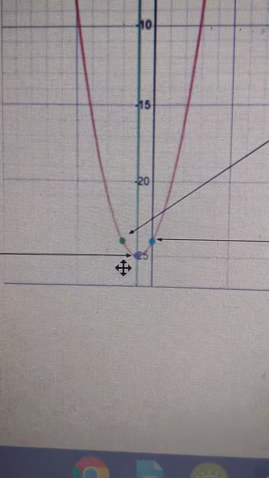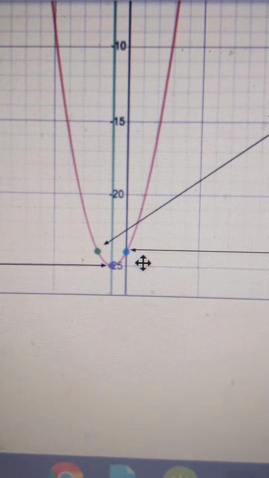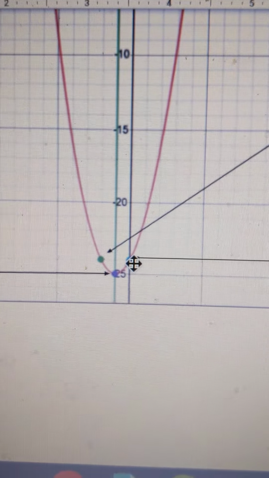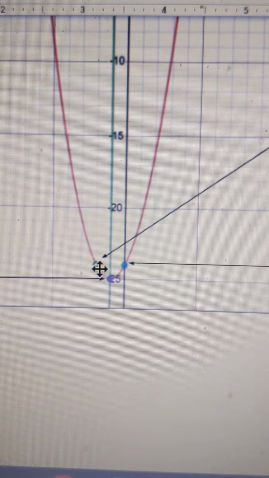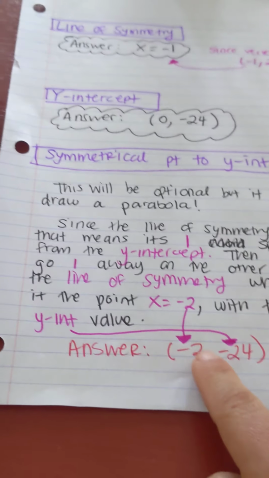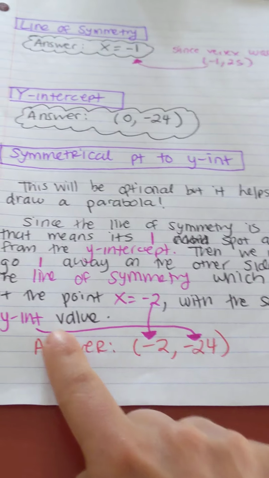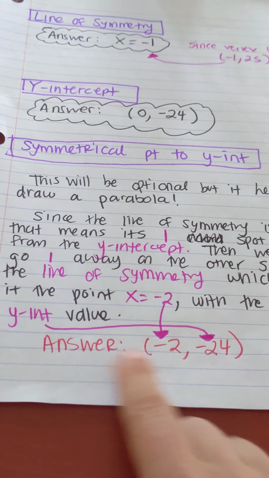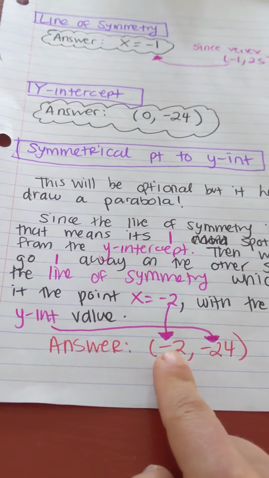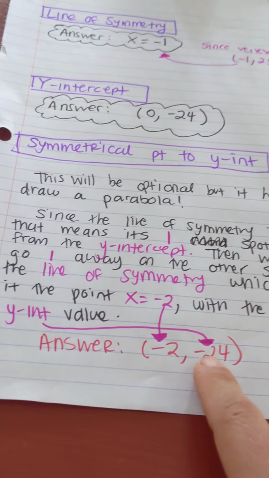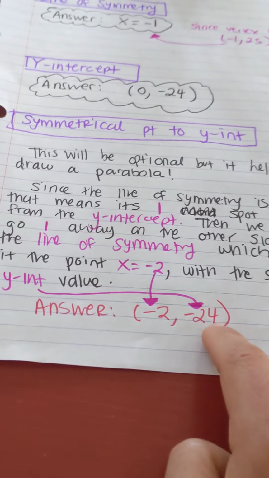The y value is actually the same y value as your y-intercept. Your y-intercept here was negative 24, so the y value would be negative 24. So going back to my notes, with the same y-intercept value, your answer would be x equals negative 2, and your y value is negative 24, because that was your y-intercept.